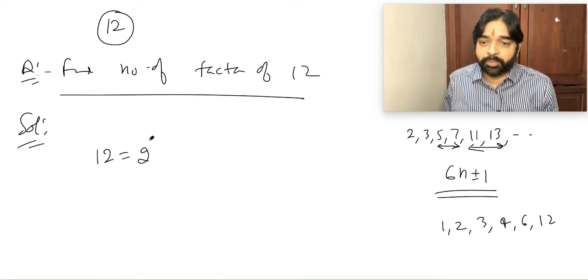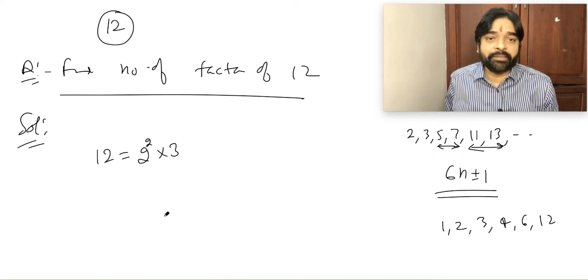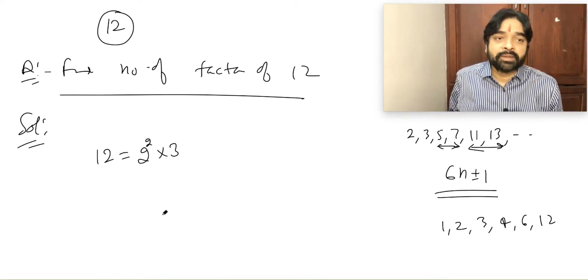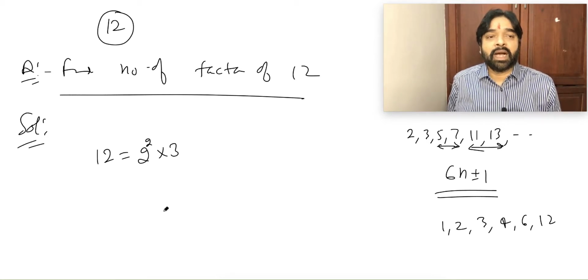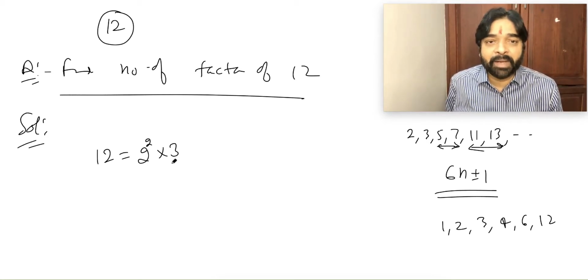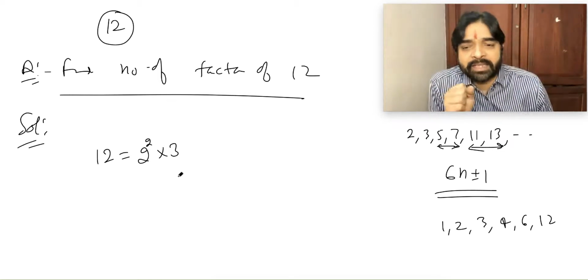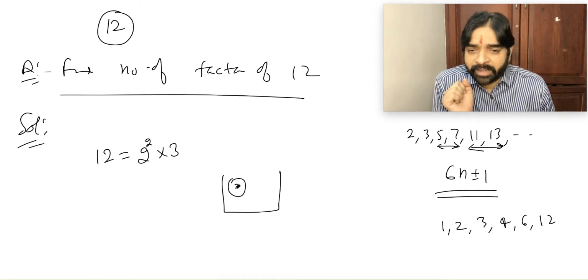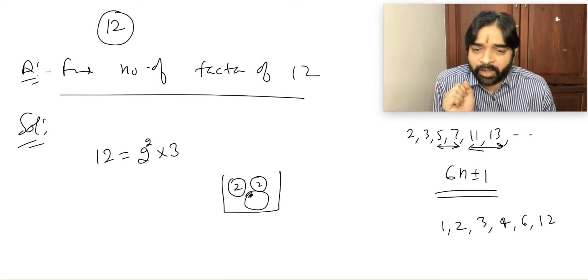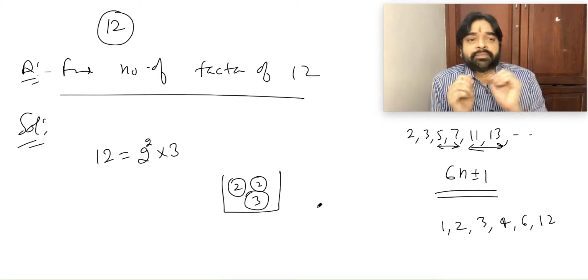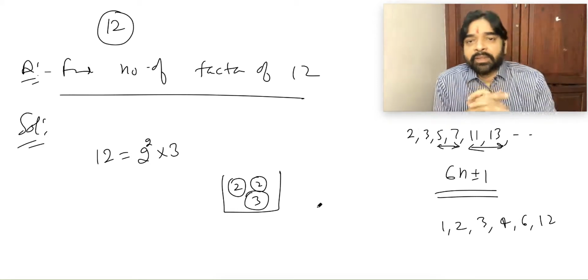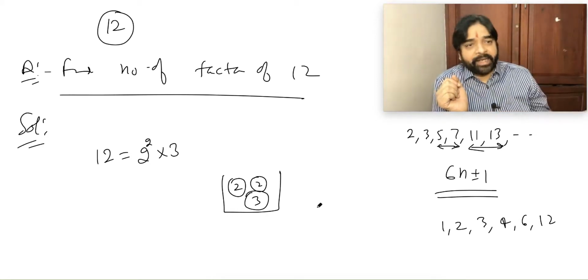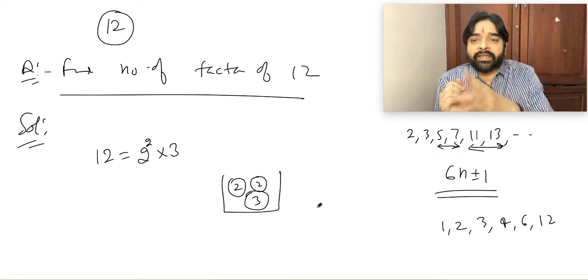Yes, 2 power 2 into 3. I wrote in terms of only primes, 2 and 3. I can imagine there is a container with 2 rupee coins and a 3 rupee coin. Put your hand in, take out anything, whatever you get is a factor of this.